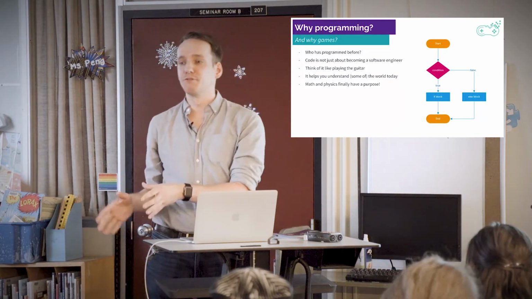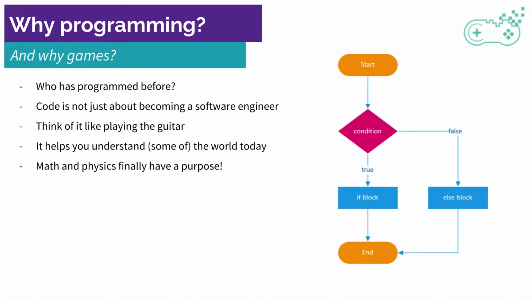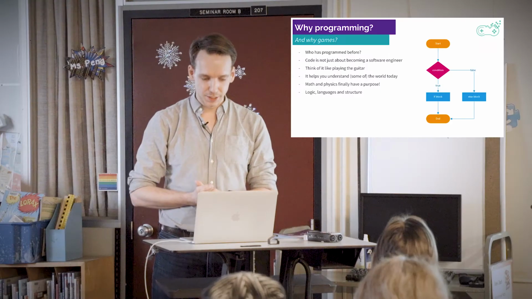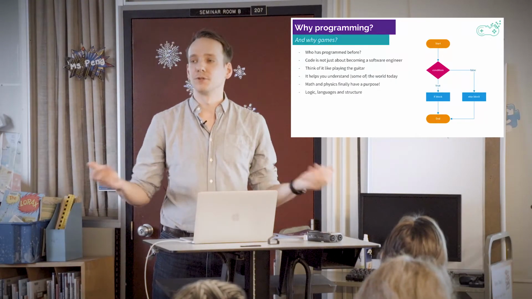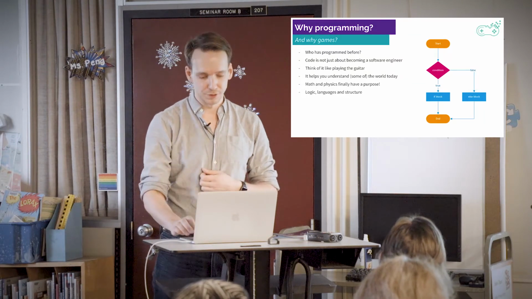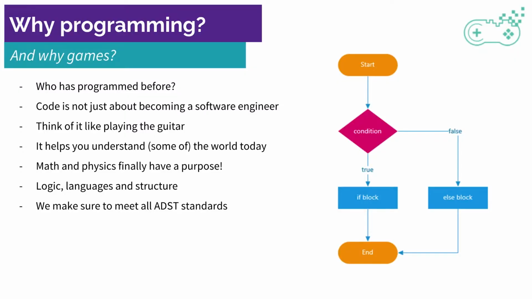Other kids, they prefer the visual type, as you all know, of course. With coding, you can make the numbers visible, and that really makes it very interesting for kids to use. It teaches logic, of course. It teaches other languages, again, as Darren already mentioned, and it teaches structure. And again, all those three things are super important for the development of any kid. Of course, we always make sure to meet all the ADST standards in our course. We always consider that when developing new courses.